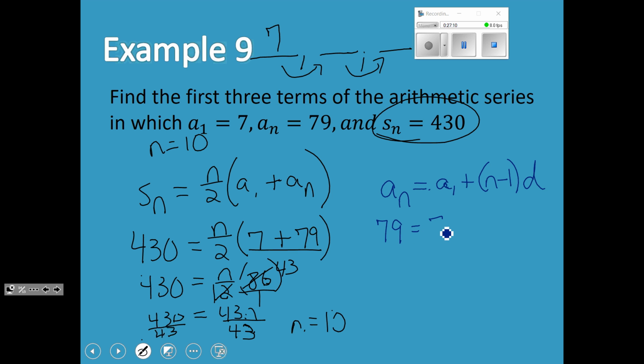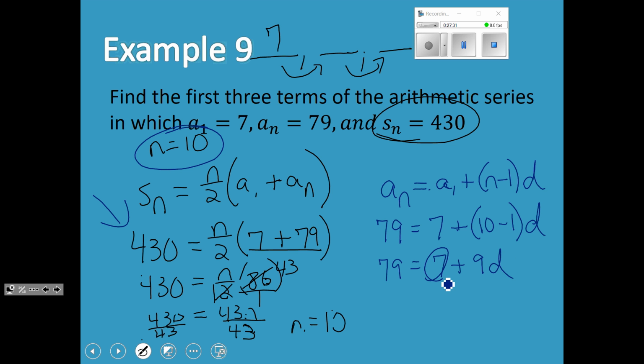We know our first term is 7. We know my n is 10. Oh, so that's where we're going to use the n. So you had to use the first formula to find n, times the common difference. And then I'm going to subtract 7.